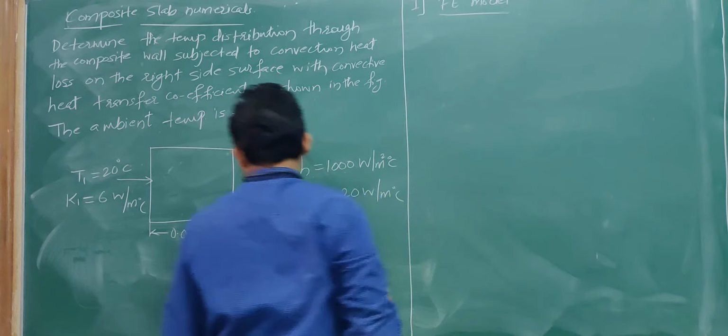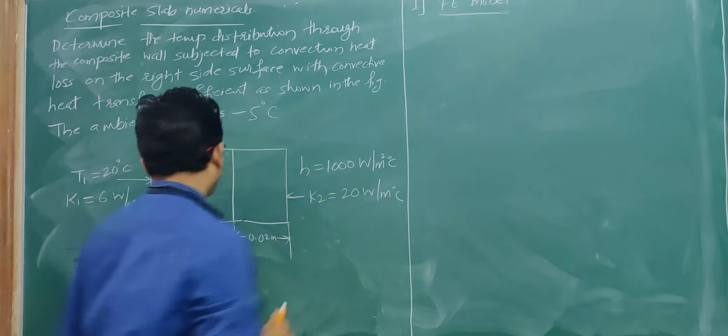As you can see there are two slabs, so I'll consider this as my first element and this as my second element. When I represent this as a one dimensional element, it is a single line having totally 3 nodes: 1, 2, 3. This is my element 1, this is my element 2, this is T1, this is T2 and this is T3.